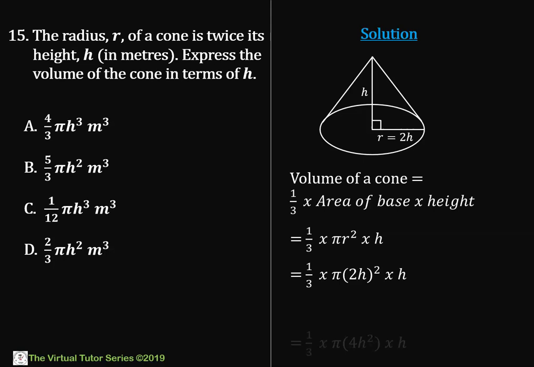So we have 1/3 times pi times 4h squared times h. 1/3 times 4 is 4 over 3, and h squared times h is h cubed. Also, volume is measured in cubic units. Therefore, we have the volume to be 4 over 3 pi h cubed meters cubed. Therefore, the correct answer is option A.